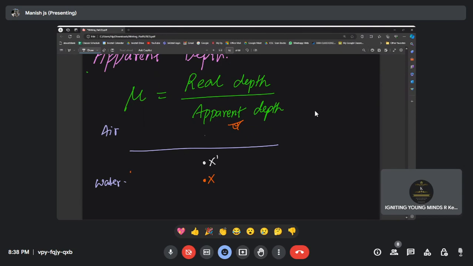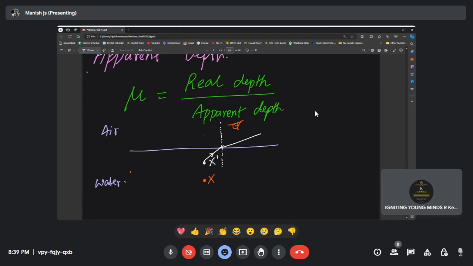Light from this object travels from the denser medium to the rarer medium. So you draw a normal there, and the light ray travels away from the normal, like this.